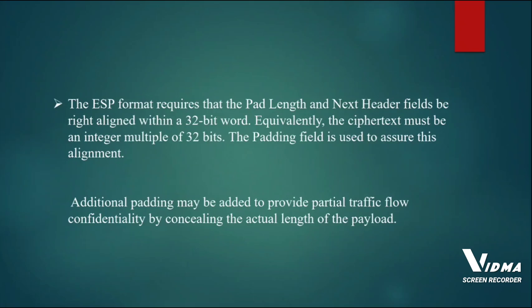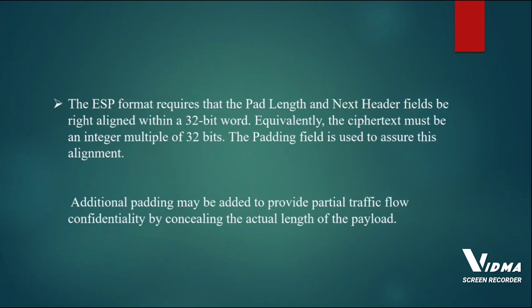Next, the ESP format requires that the pad length and the next header fields be right aligned within a 32-bit word. Equivalently, the ciphertext must be an integer multiple of 32 bits.